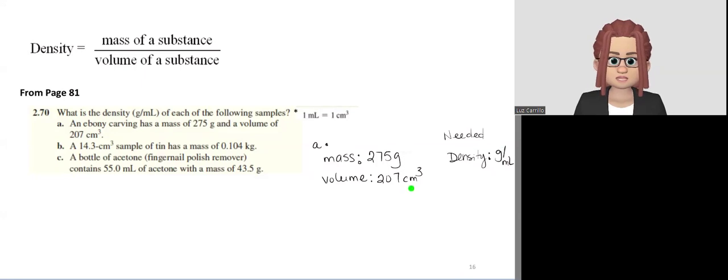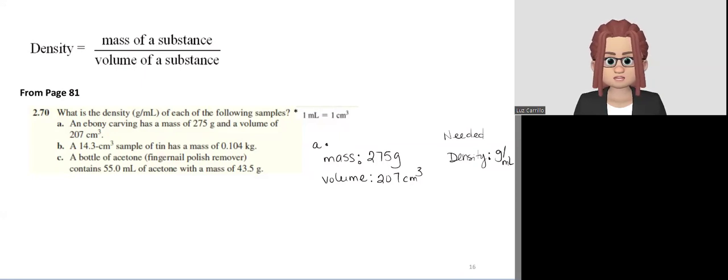Milliliters and centimeter cubes do not match. So I should find an equality that is going to transform centimeters cubed to milliliters. So taking that into consideration and looking at some of the information that I have in table 2.7, I can see that milliliters and centimeter cubes is the same thing.